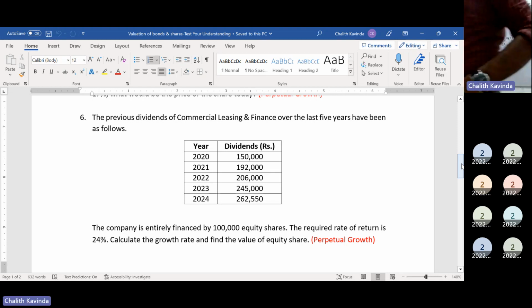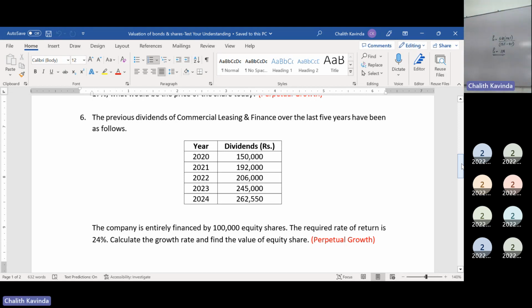Question number 6. Here it says the previous dividends of Commercial Leasing and Finance over the last 5 years have been as follows. Clearly look at this. From 2020 to 2024 has been given.